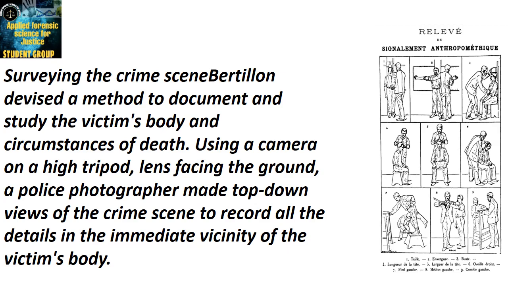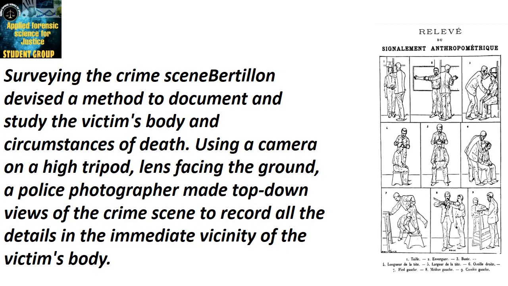Surveying the crime scene, Bertillon devised a method of documenting and studying the victim's body and the circumstances of death. Using a camera on a high tripod, with the lens facing the ground, the police photographer made a top to bottom view of the crime scene to record all the details of the immediate vicinity of the body.